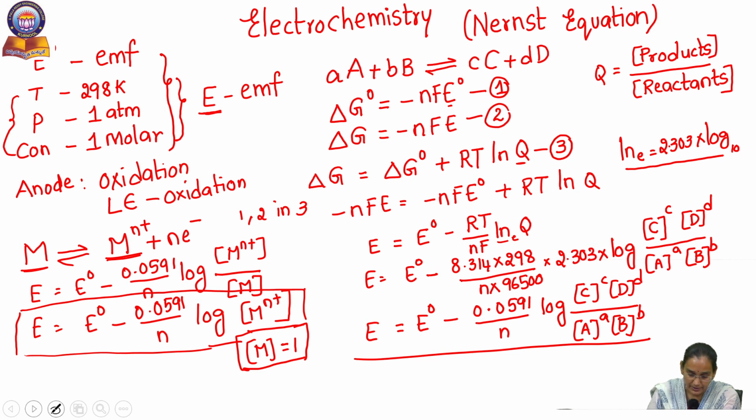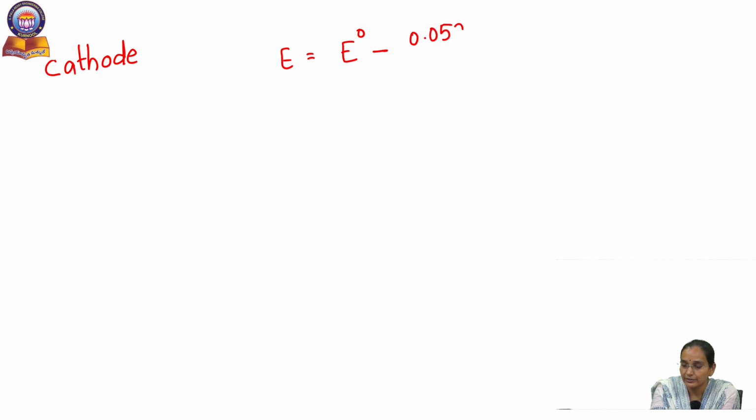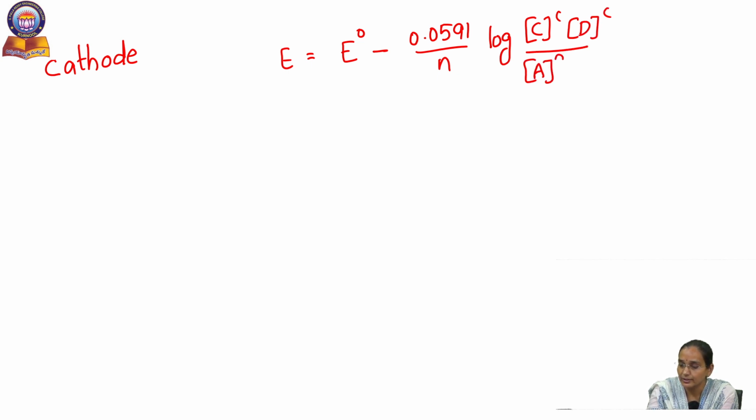Now this equation is used to calculate the electrode potential of the anode. Now to calculate the electrode potential for the cathode, first write the Nernst equation, E equals E naught minus 0.0591 by n into log of the concentration of products divided by the concentration of reactants.